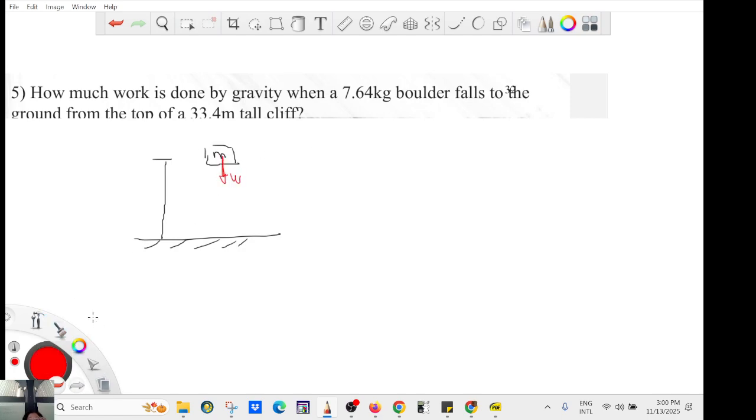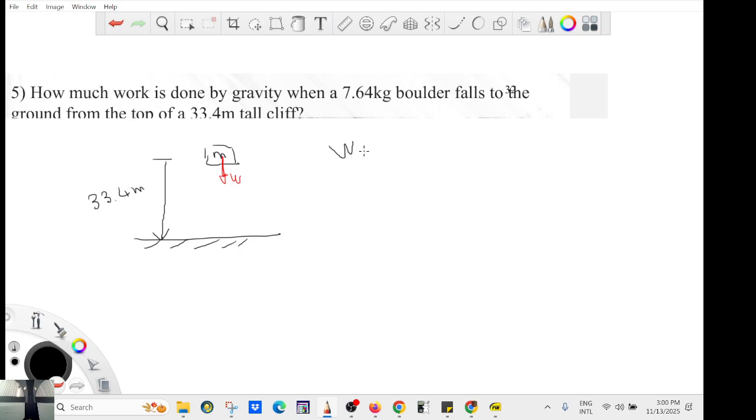So it's going to move for a distance here, 33.4 meters. So gravity is doing positive work because it's trying to make it go faster. If something is trying to make a system go faster, positive work. If it's trying to slow it down, negative work.